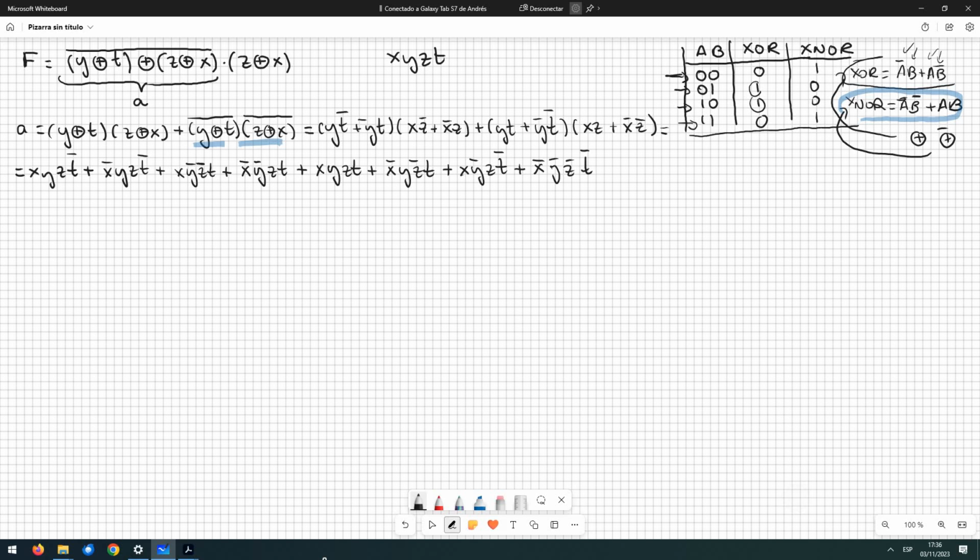So all of this is A, but in the function we have the term A multiplied by this XOR that we can do like this.